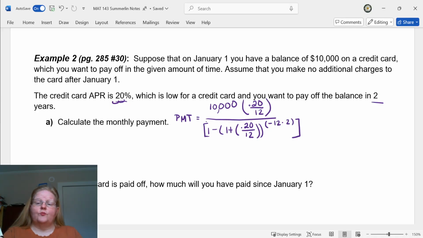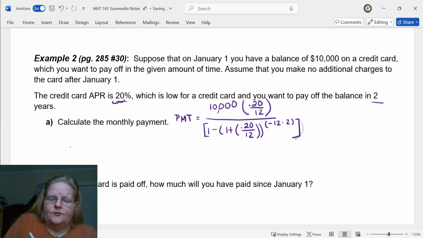Make sure that the bracket, though, is parentheses in either calculator. When you do that, you should get out that PMT is equal to 508.96.